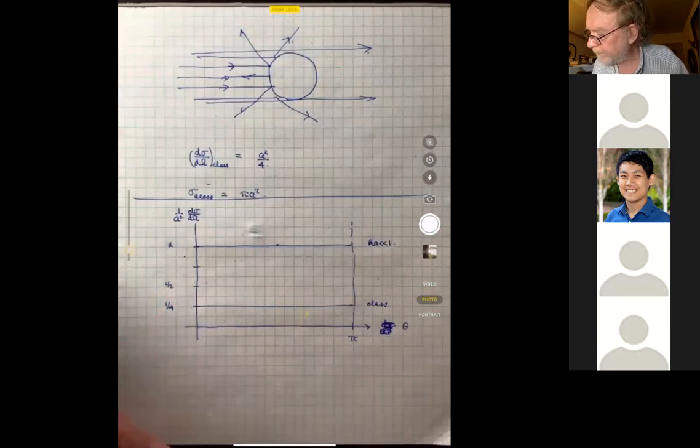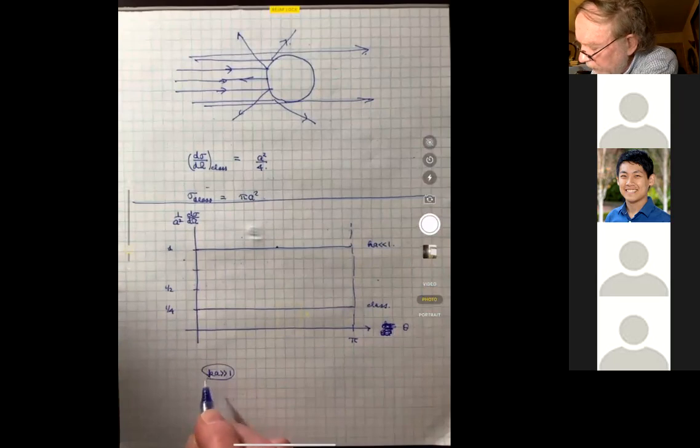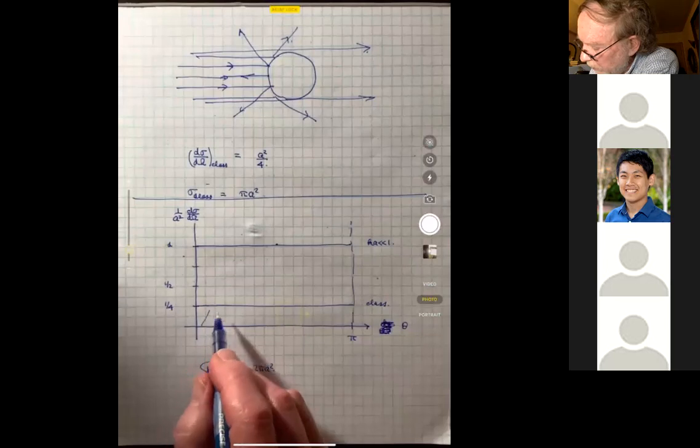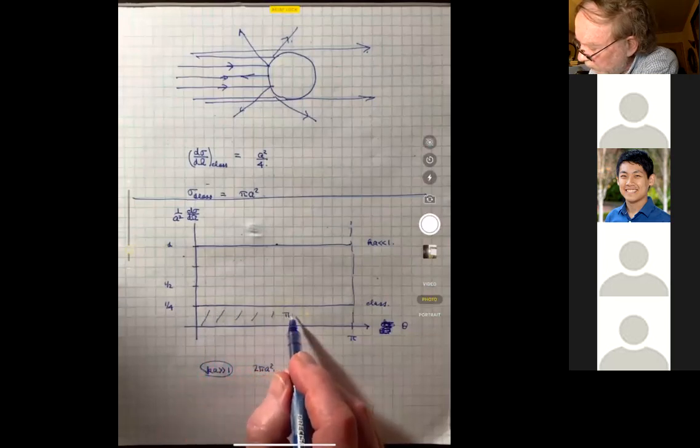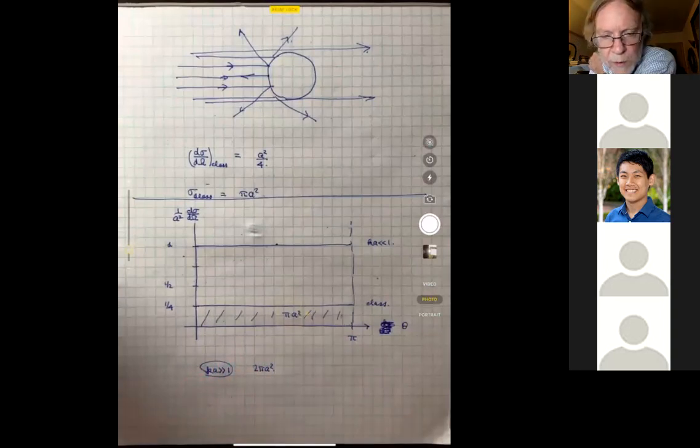It's 1/4 here. On the other hand, what we also know is that in the case of Ka much greater than 1, which ought to be the classical limit, we find that the total quantum cross-section is 2πa². Well, for the classical cross-section, this area here is πa². You see, that's the total cross-sectional area of the sphere.